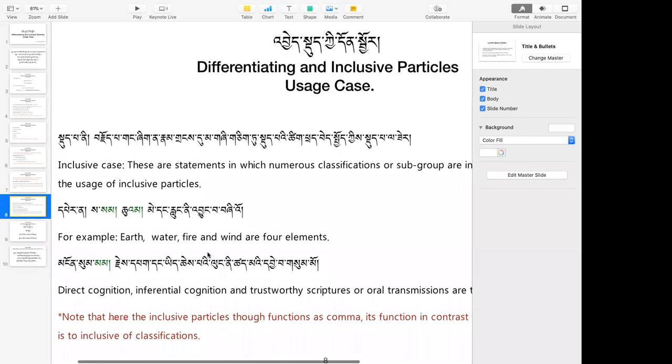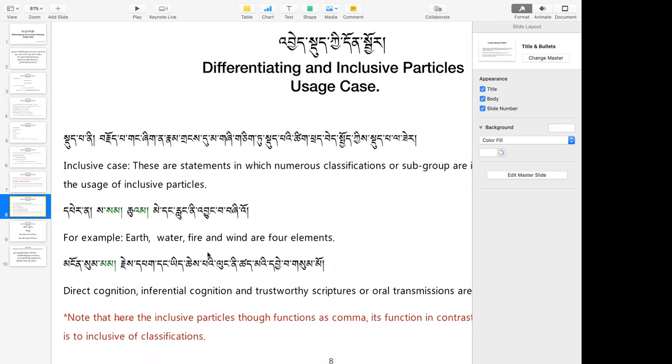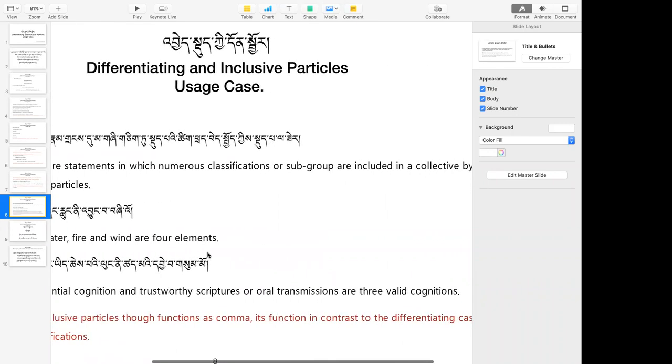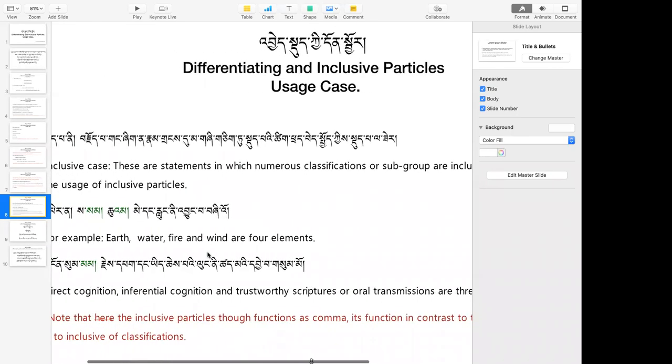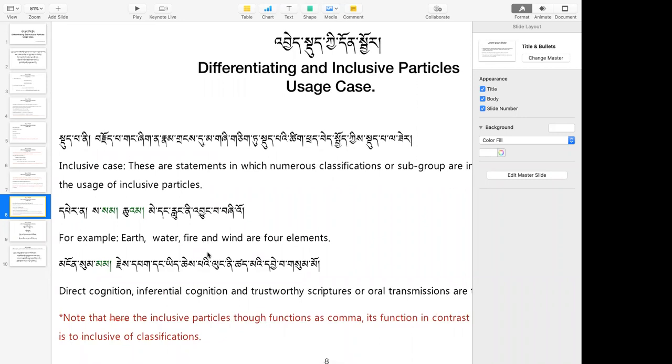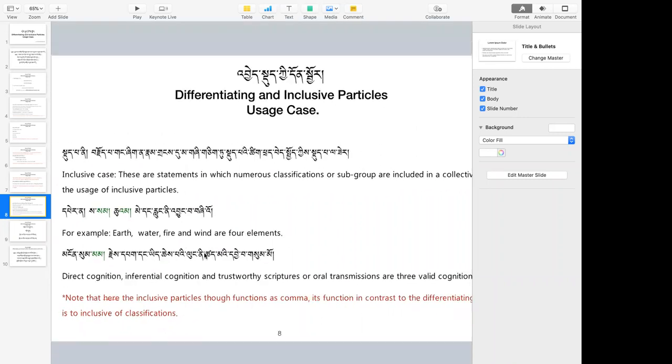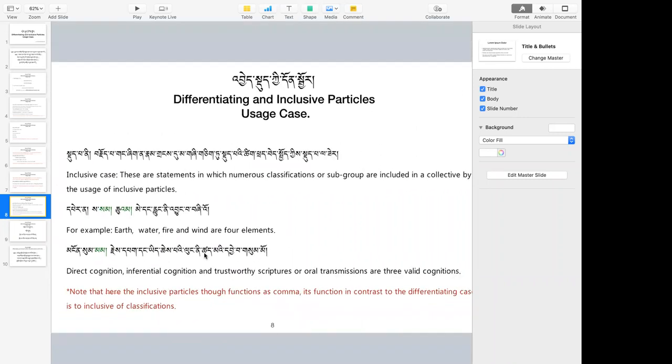Okay, so the second example. Direct cognition, inferential cognition, and trustworthy scriptures or oral transmission are three valid cognitions. So there are three types of cognition, dependent on their object.